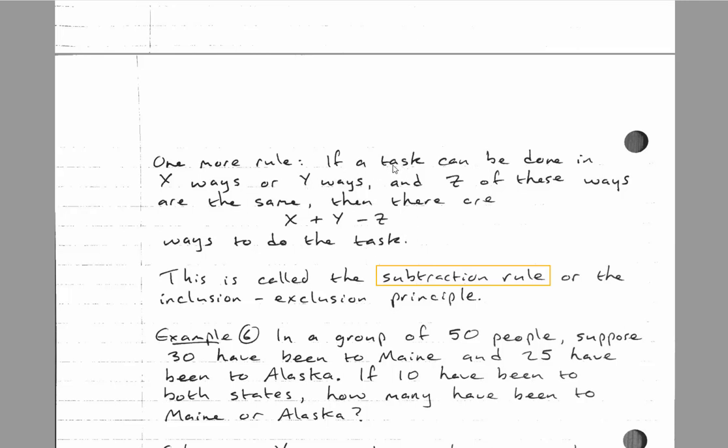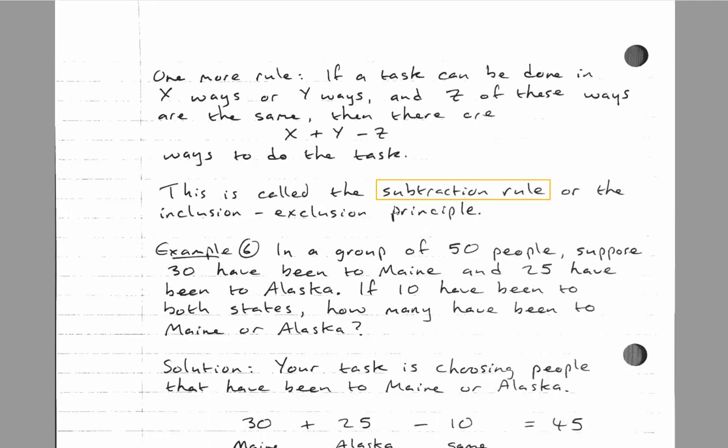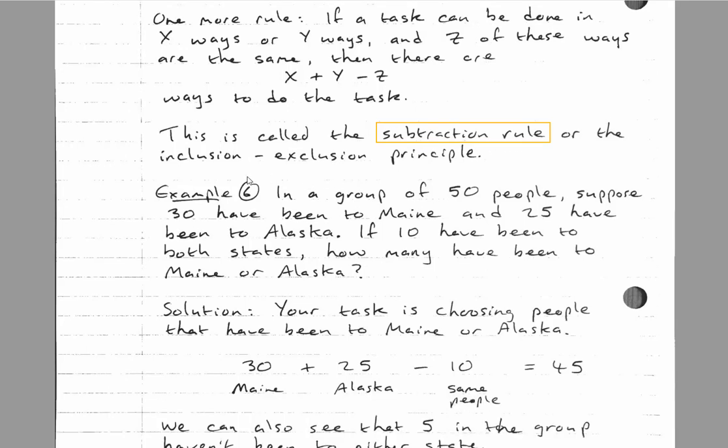So if a task can be done in X ways or Y ways, and Z of those ways are the same, then there are really X plus Y minus Z ways to do the task. Alright, so that's a subtraction rule. Let's see an example.